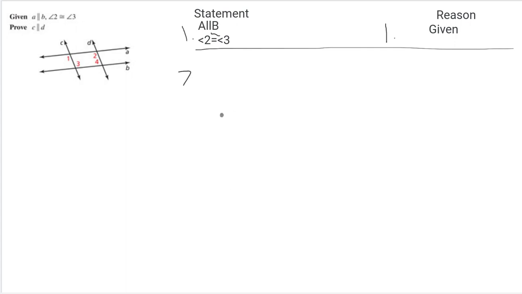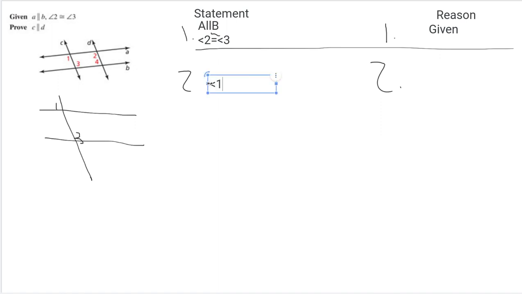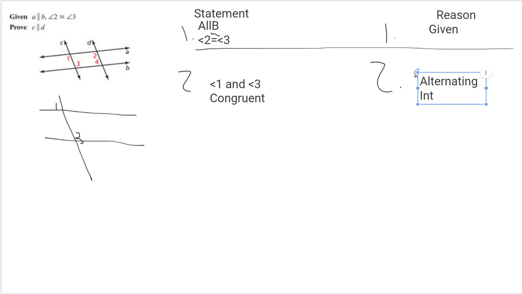Next, if we just look at angle 1 and angle 3, I'm going to say that those are congruent, and my rationale for that is the alternating interior angle theorem.